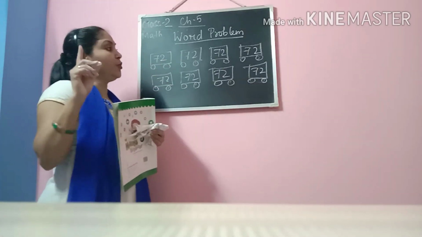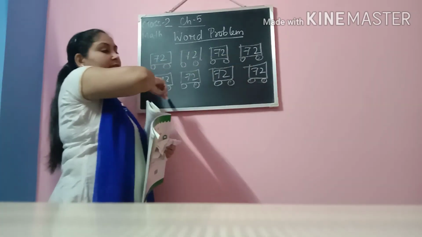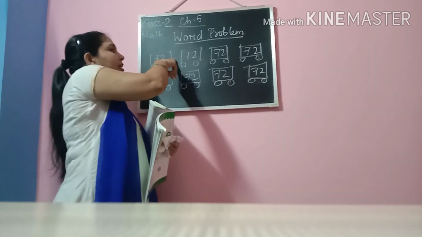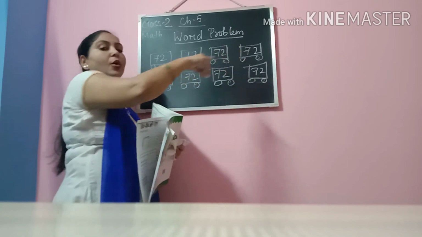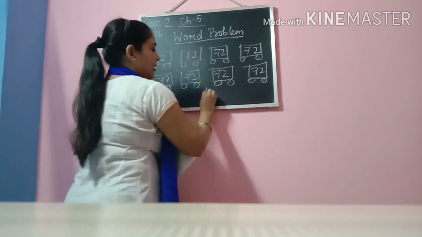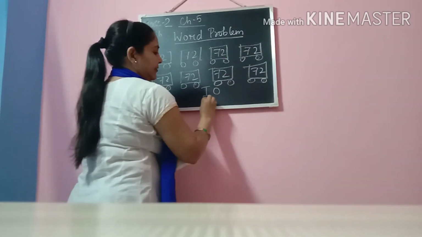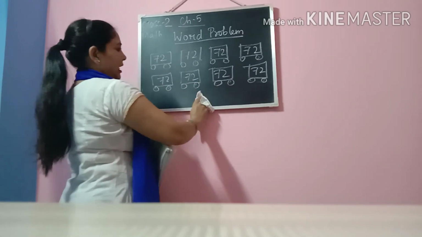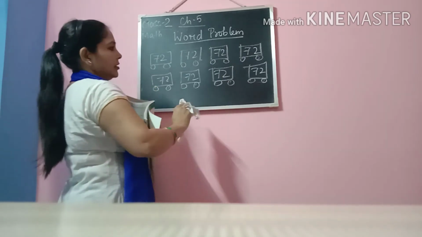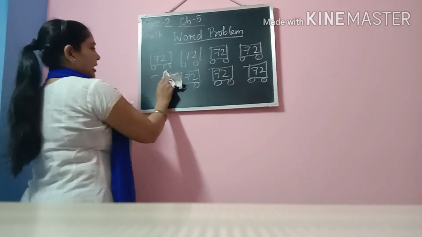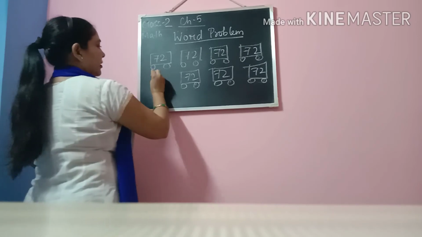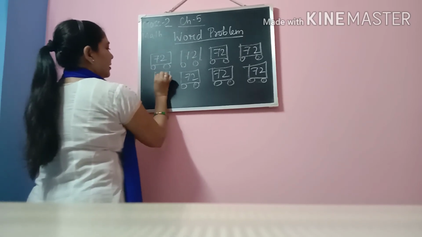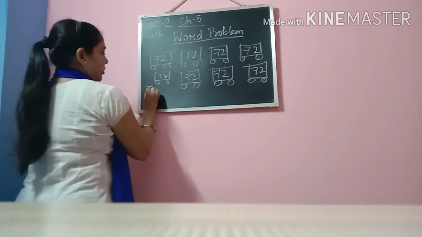In one bus, 72 people can go. Now in 8 buses, obviously more people can go because 72 plus 72 plus 72. Or what we can do is just 72 multiplied by... okay, I need to rub, I'll just make it small. Alright.